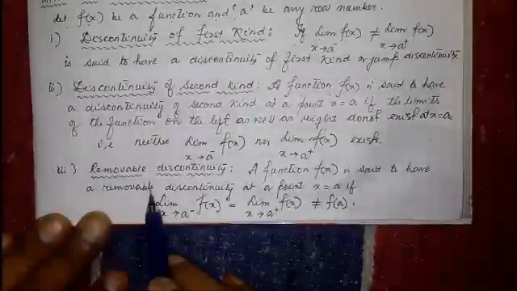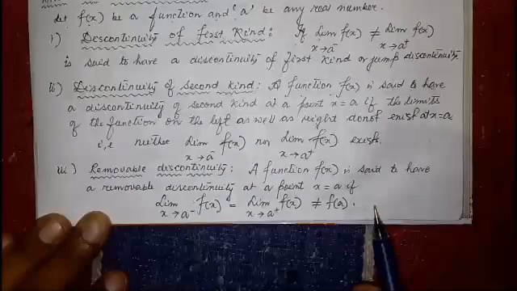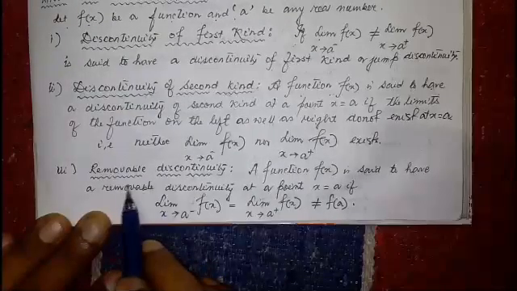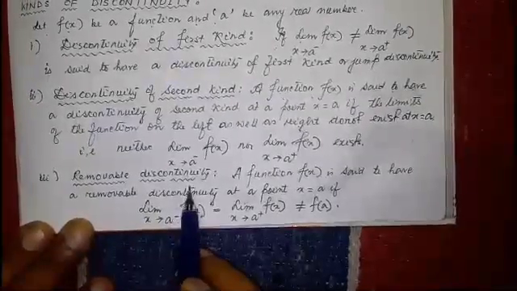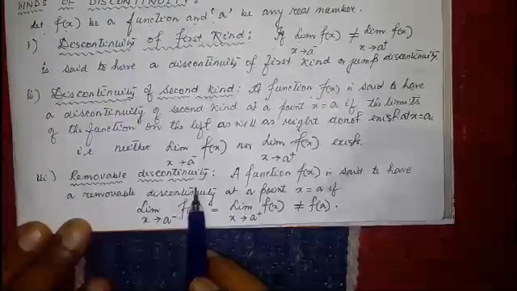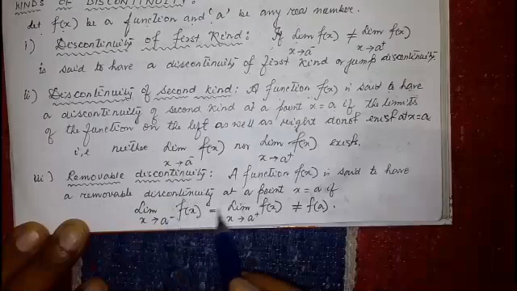Now, third type of discontinuity. This is called removable discontinuity.